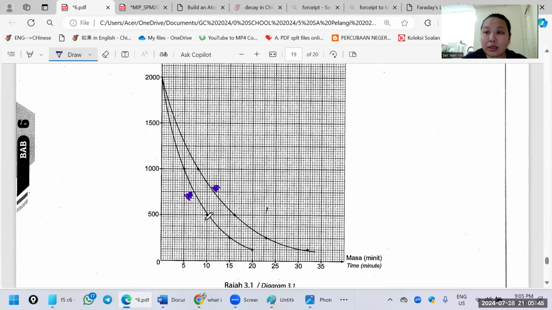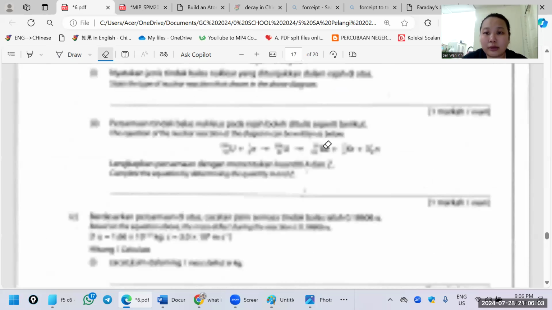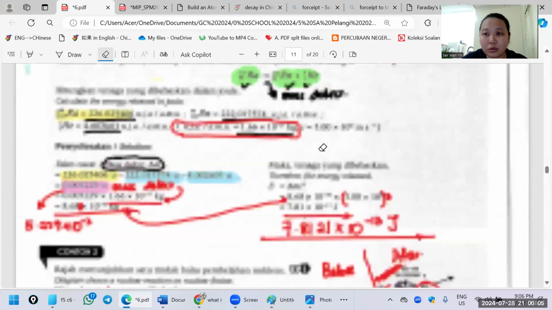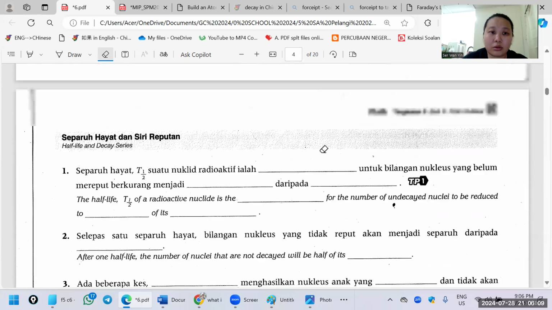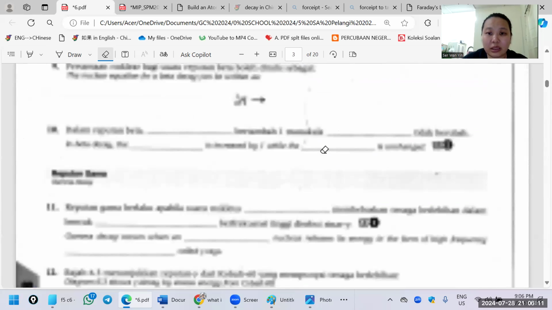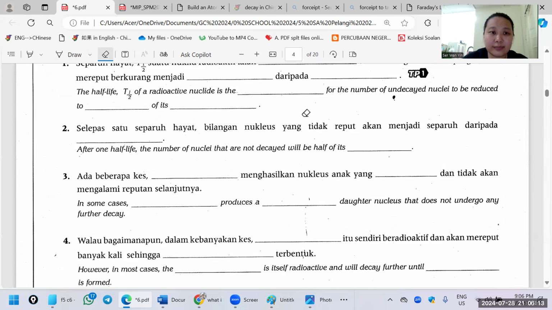So you need to name it yourself, X and Y. Yeah, it's a very huge mistake from the paper. They didn't label, so you label yourself. Okay. So we still have around 25 minutes to solve the half-life. Actually, you all also learned half-life in Form 3 already.